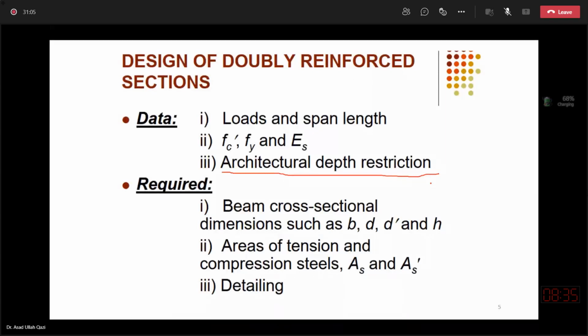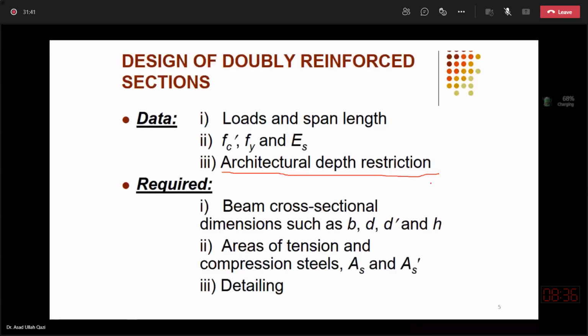And our requirement is that if there is some depth restriction, can I still design a singly beam with d greater than d minimum? If I calculate the d minimum, which we did for singly reinforced ductile beams, and my d allowed is not greater than or equal to that minimum required depth, then obviously I will either go for an over reinforced singly beam or transition reinforced singly beam, or I should switch to a ductile doubly beam.